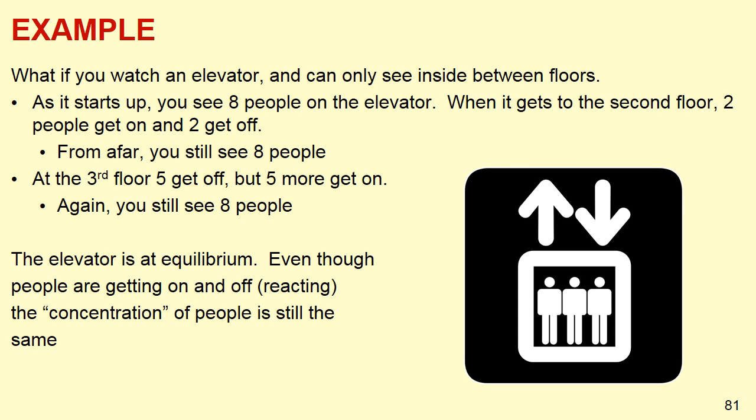That's equilibrium. So there's a term called dynamic equilibrium, because actually things are changing. People are getting on, people are getting off. You can think of that as a reaction. Reactants react, or products react backwards. They're getting on and off. Overall, everything looks the same. So it's sort of the same thing.